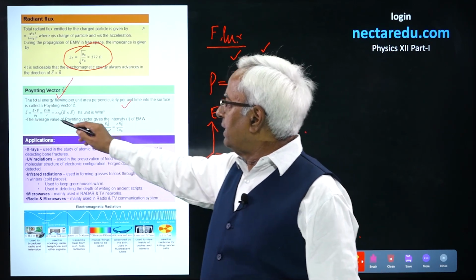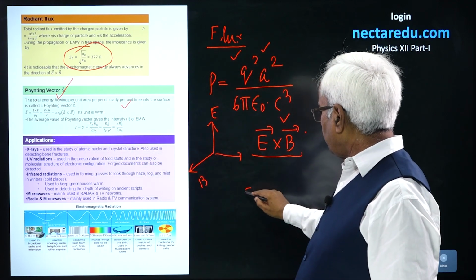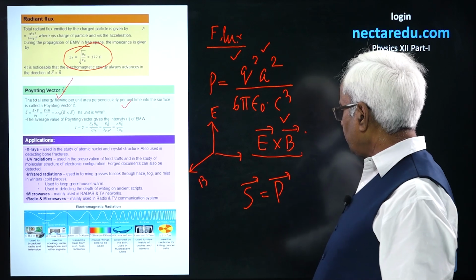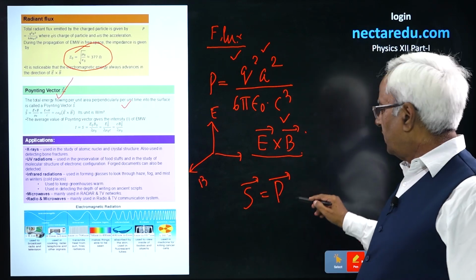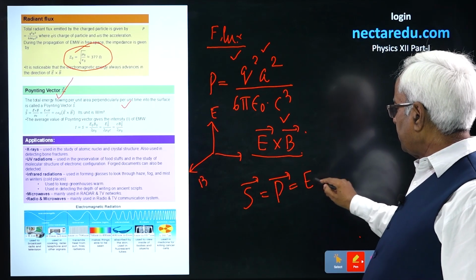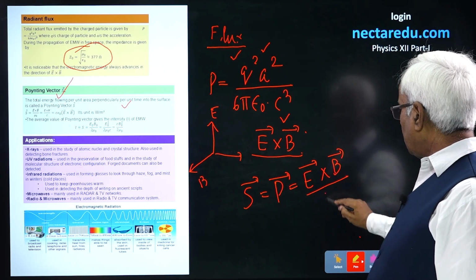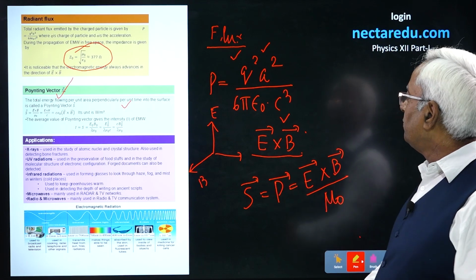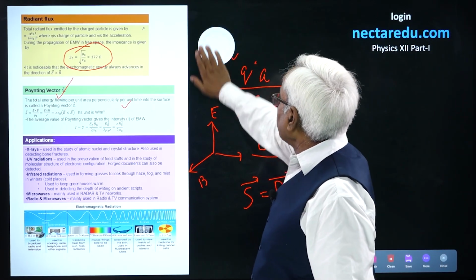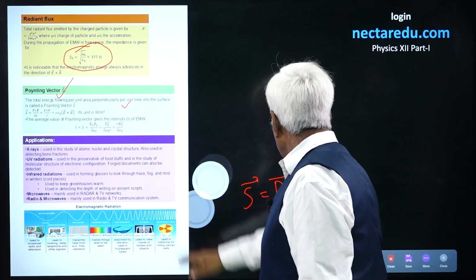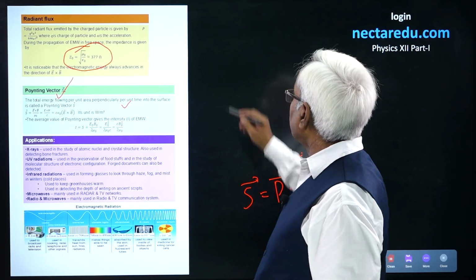This is given by E cross B. In certain books, you'll find this given by P also, and this could be written as E cross B upon mu naught, where E is the electric vector, B the magnetic vector, divided by mu naught.